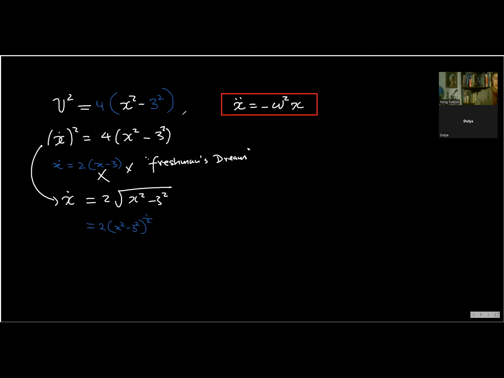If I twist this question and write v squared equal to 3 squared minus x squared, perhaps in this way we can argue this is a simple harmonic motion.